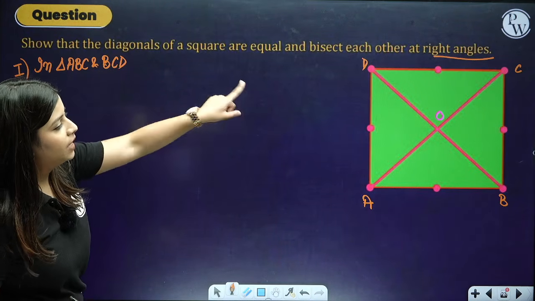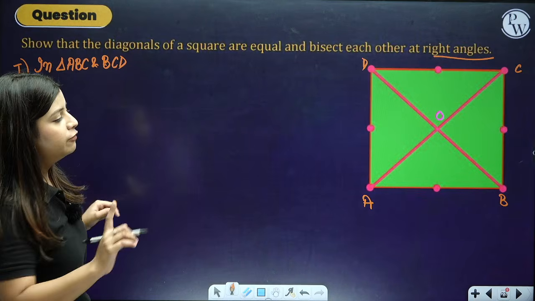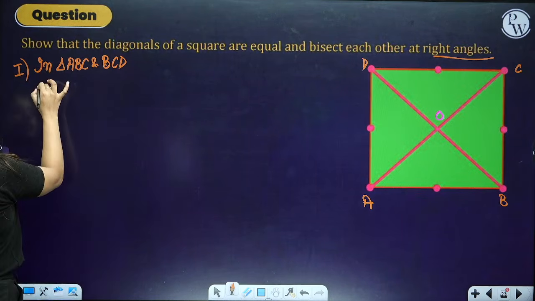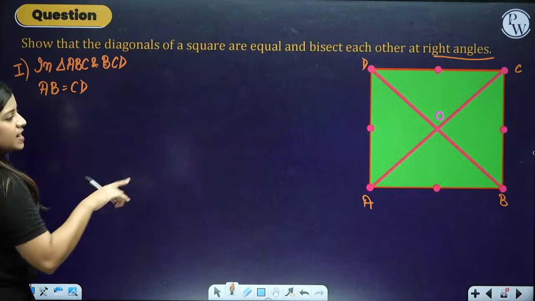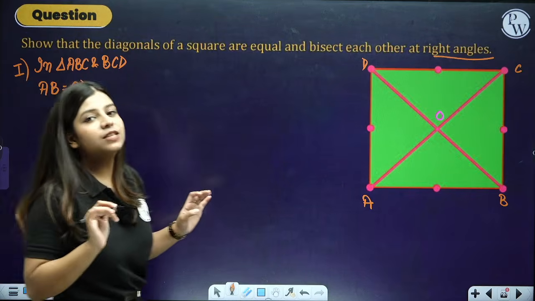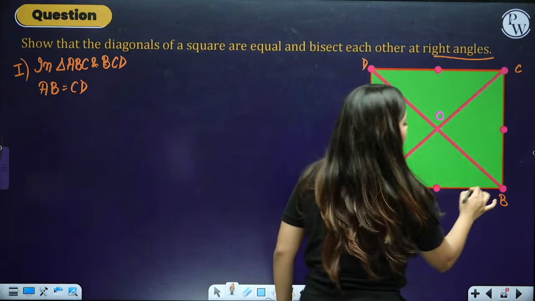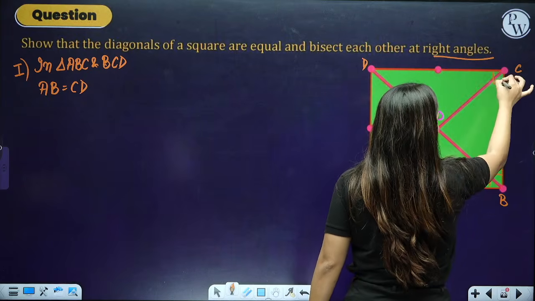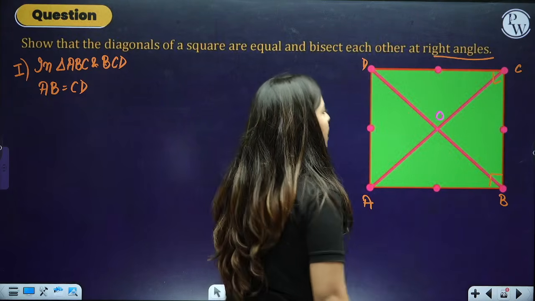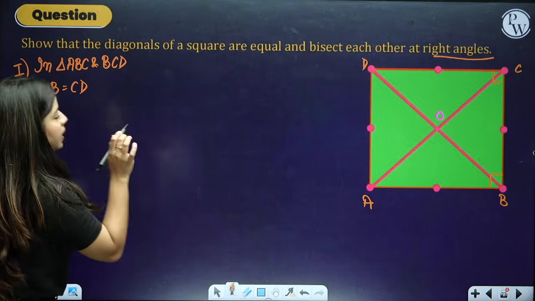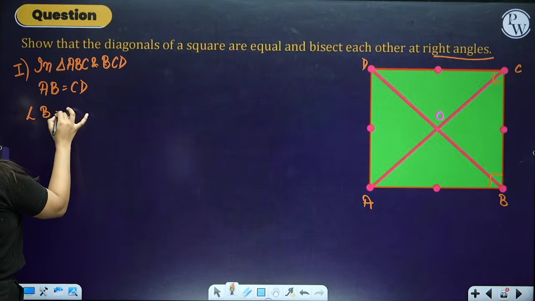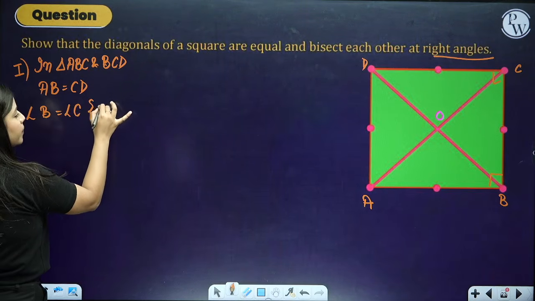So, in triangle ABC and BCD, what all do we have, bacha? First of all, AB will be equal to CD. Why? Because it is the side of the square. Next, 90 degrees, because we know that all the angles of a square are 90 degrees. So, this will be equal to this angle, right? So, basically we can say that angle B is equal to angle C, both being 90 degrees.